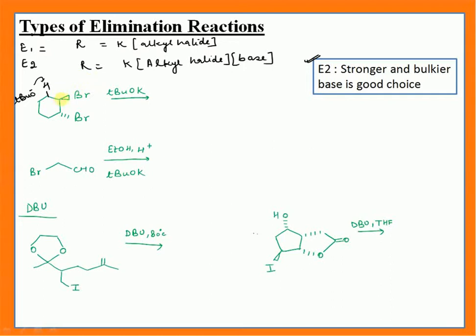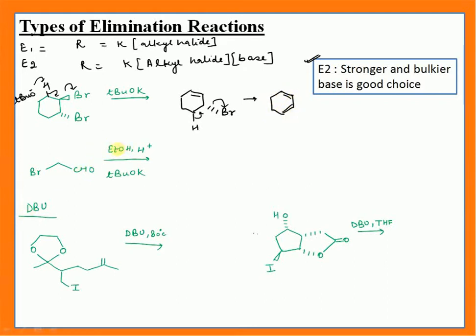It can replace one Br and will be attached at this place. So we need a bulkier base also. So this proton will be removed, and at the first step this Br is going. So we will get a double bond at this position and this one remains as such. In the second step, we will remove one more proton. When this proton is removed, we have one more double bond, right?